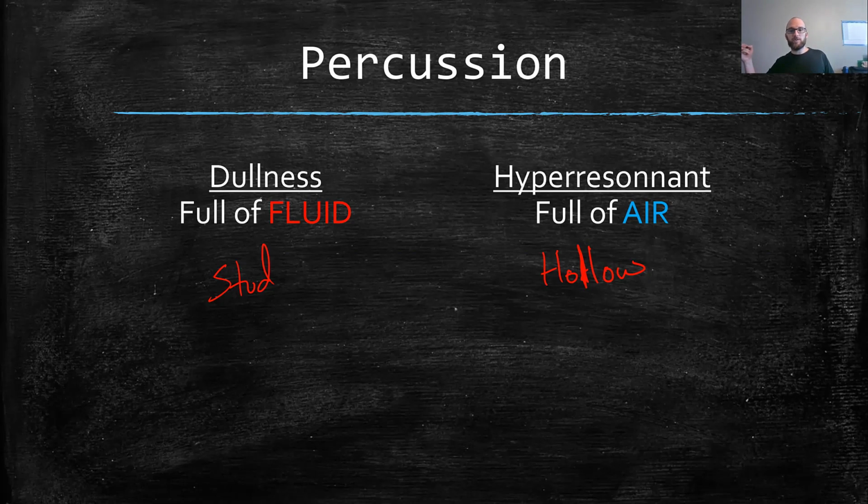That hollow sound is the hyperresonance. So it matches. The hollow sound is, there's nothing there, it's full of air. The dullness is, it's full of something. It's a stud in the wall or it's fluid that's built up in it.